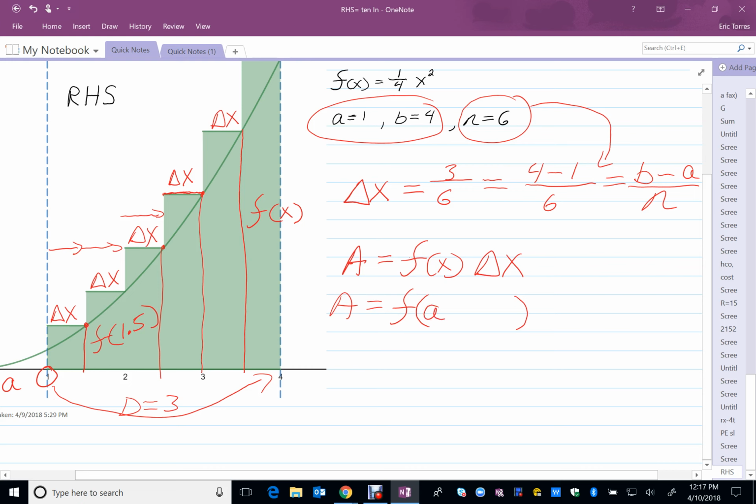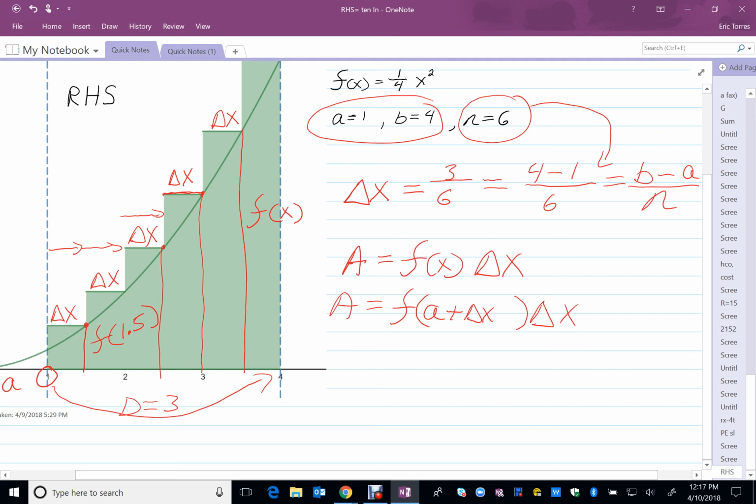It's going to be right of it a delta x. So I need to add a delta x for the first one, and then a delta x for the second one. So if I'm just looking at the first rectangle, it'll look like this.